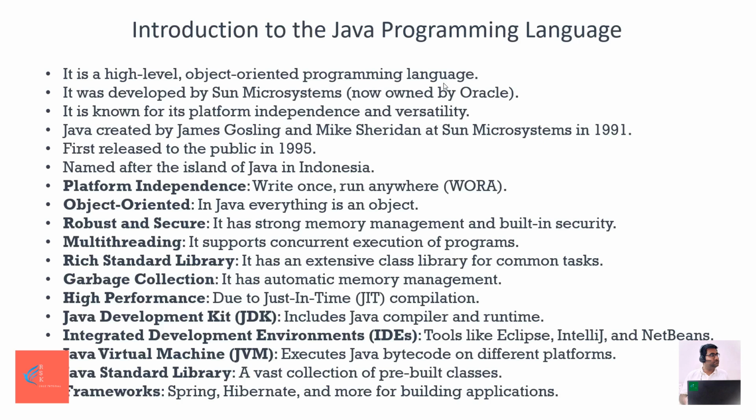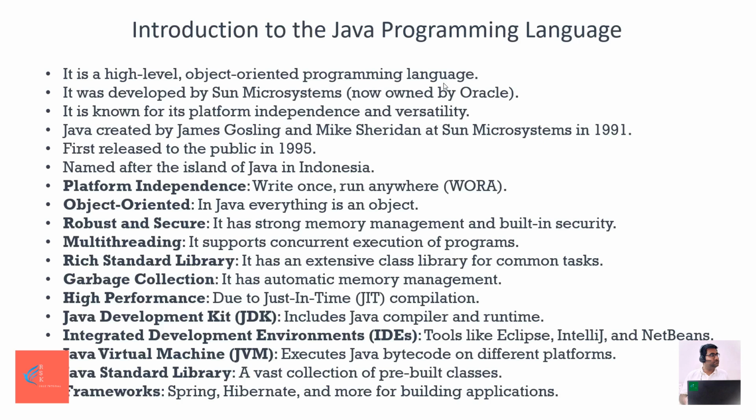Now let us see what elements and components Java has. It has a JDK. JDK is known as Java Development Kit. JDK consists of the Java compiler and a Java runtime environment. You can run Java on many IDE tools like Eclipse, IntelliJ, and NetBeans. Java has a JVM, known as Java Virtual Machine.